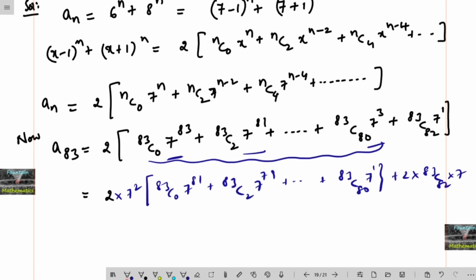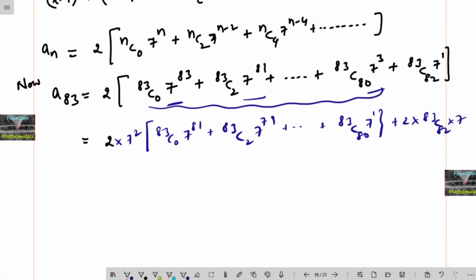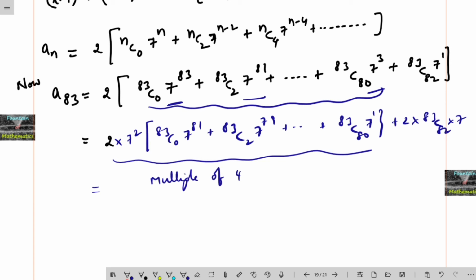So here we cannot take 49 common in the last term, because the question asks for the remainder when divided by 49. So we need to take out 49 common. So this is a multiple of 49, and here the remaining term is not a multiple of 49.